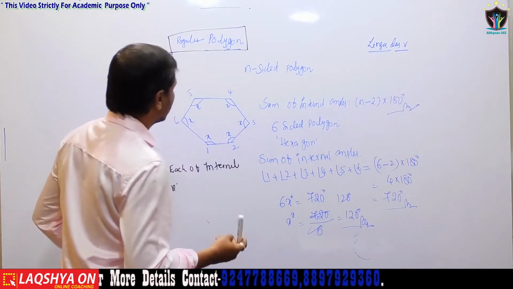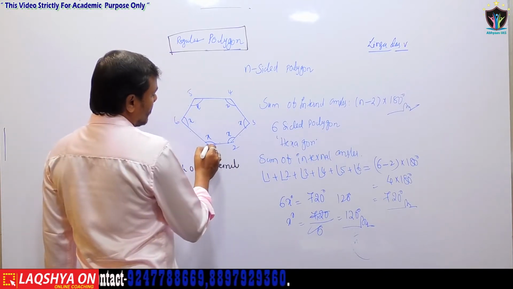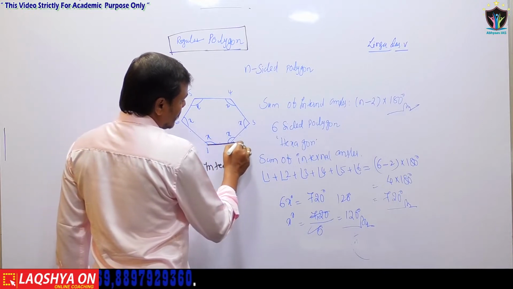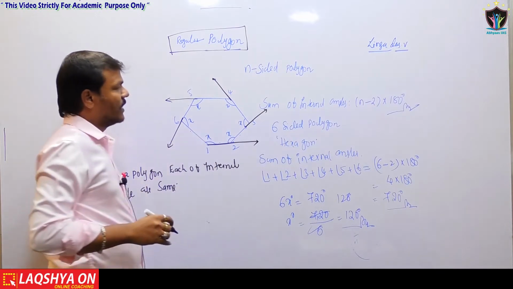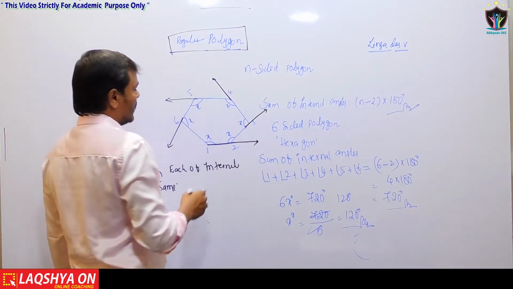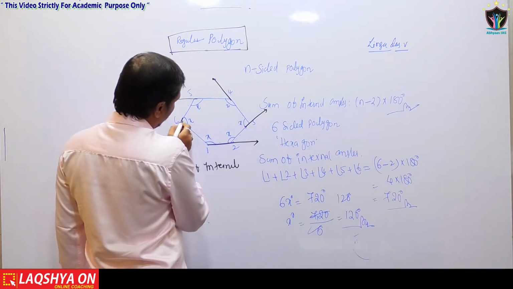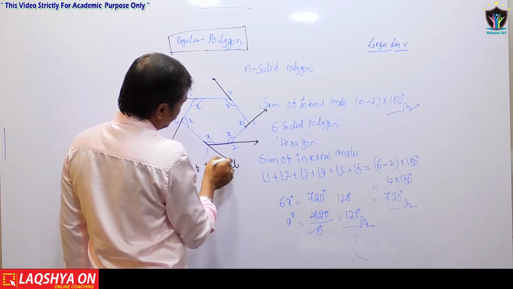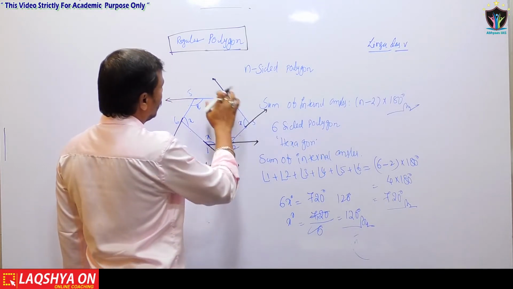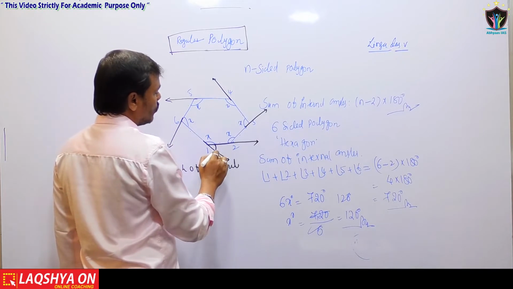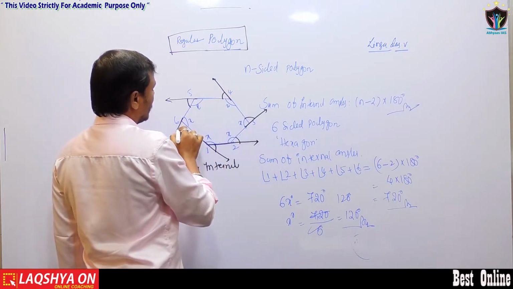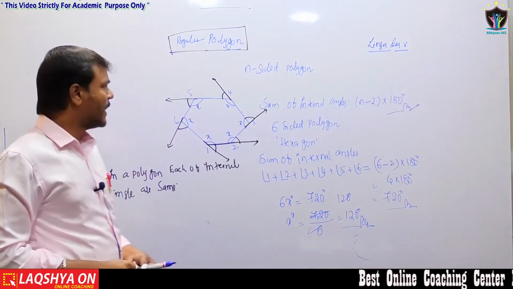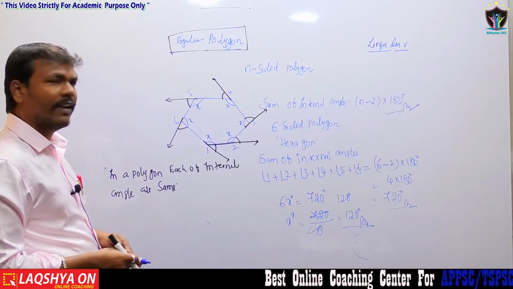So what about the external angle? For example, each of the sides is extended: 1, 2, 3, 4, 5, 6.